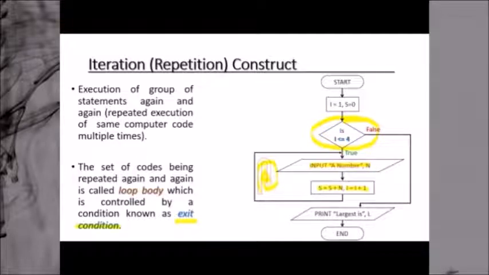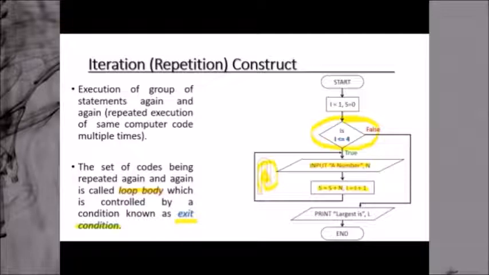These are the three statements which are going to be repeated again and again. This is called your loop body. So the set of code being repeated again and again is called the loop body, and the number of repetitions is controlled by the condition, and that condition is known as the exit condition.